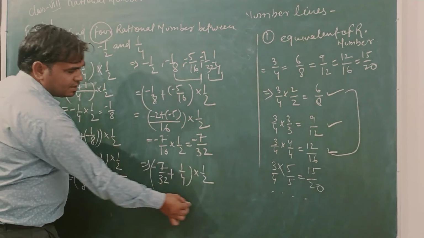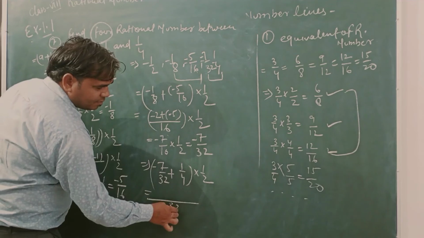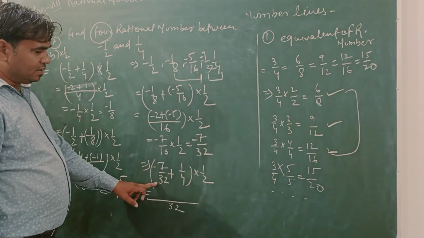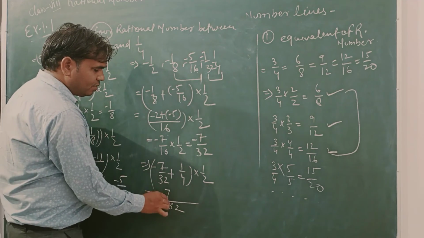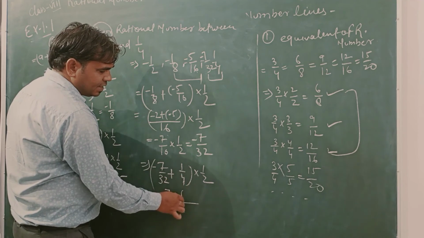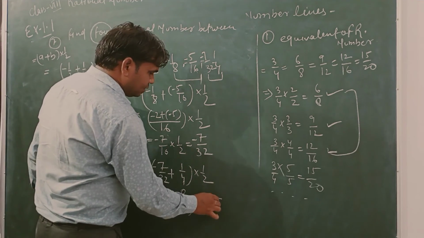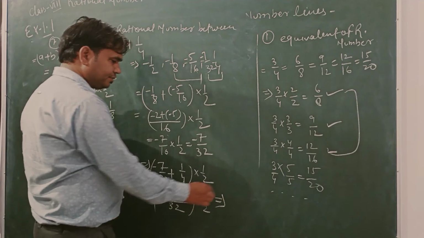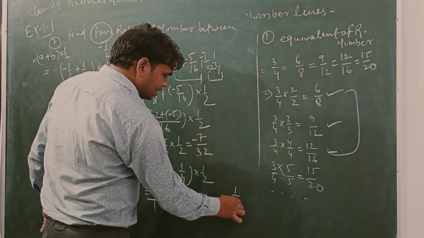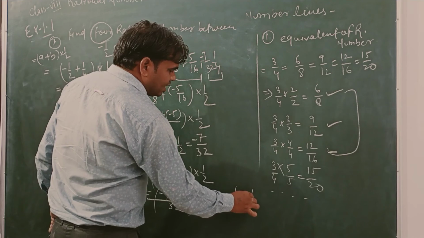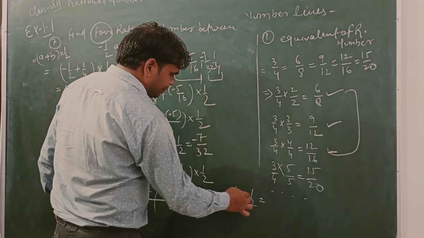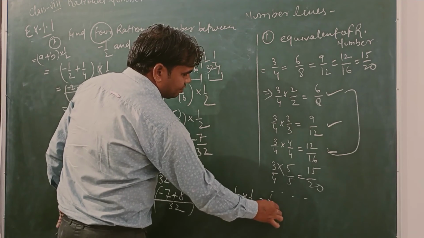So after that we take LCM 32, and this is the minus 7 we got here, and from here 8 and minus 1 over 2. So from here we got 1 over 32 multiplied by 1 over 2, it means to say 1 over 64.